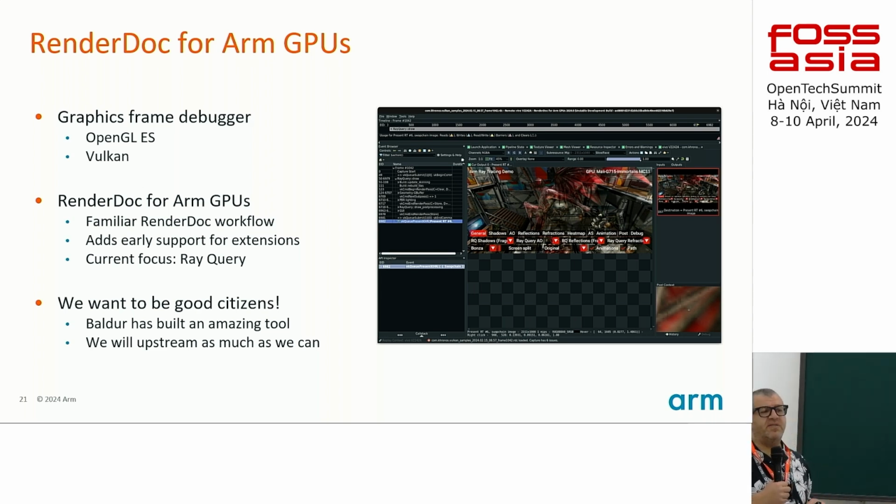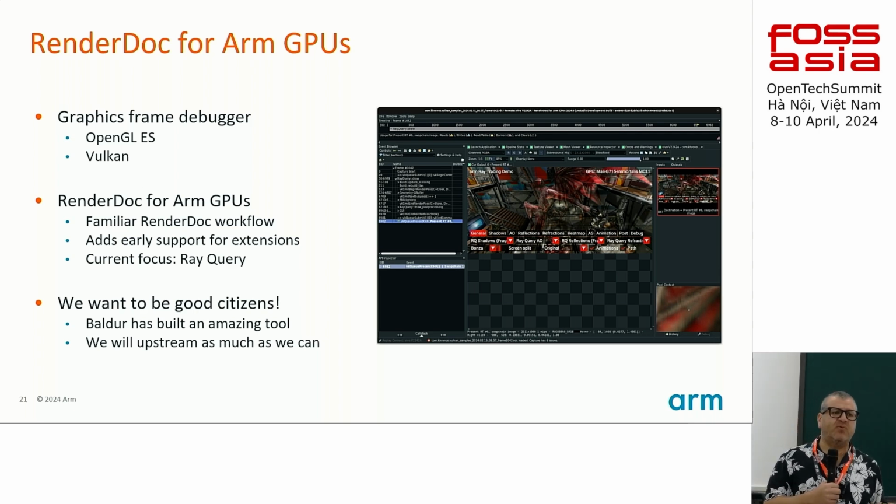There are going to be times when upstream RenderDoc can't accept some of our changes for either licensing issues or whatever else, or they just don't want to because it's too specific to a particular problem and it's not in the maintainer's roadmap. And so we will be pushing as much as we can upstream.